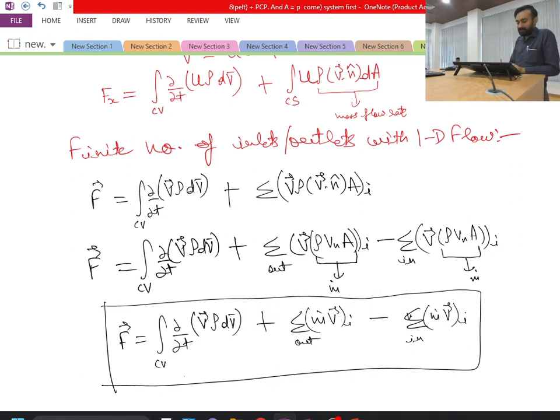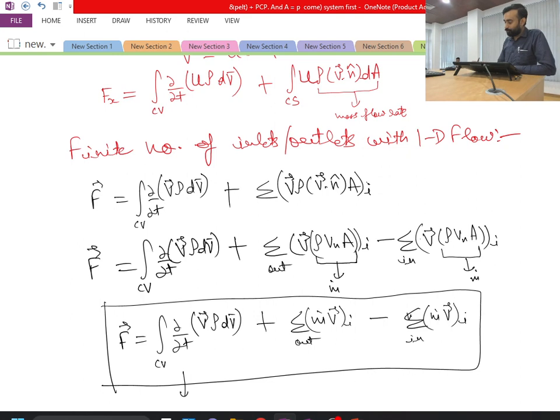The first term is the net rate of change of linear momentum of the control volume as a whole, and the second is the net outflux, out minus in, of linear momentum across the boundaries of the control volume. If I calculate these two quantities, then I will easily be able to determine the net force acting on a fluid element.